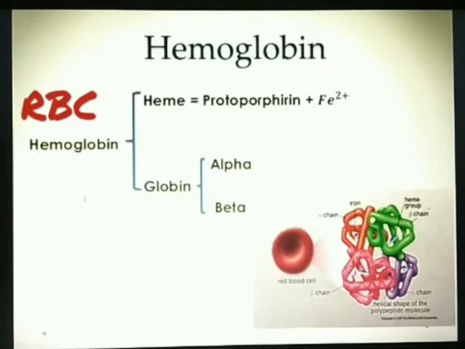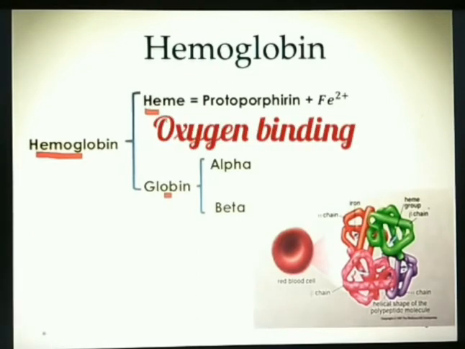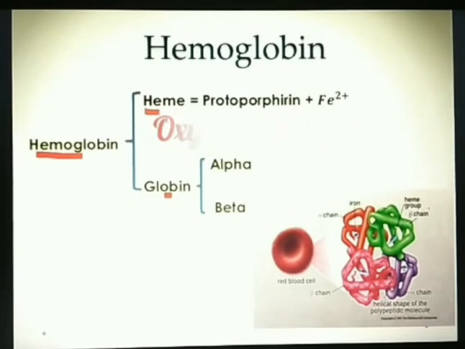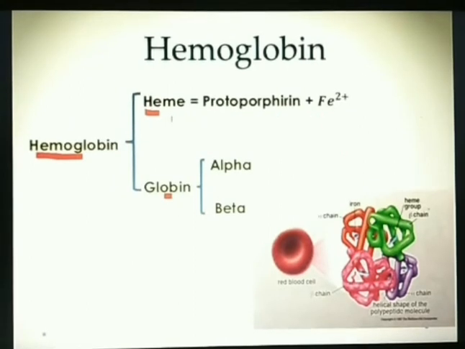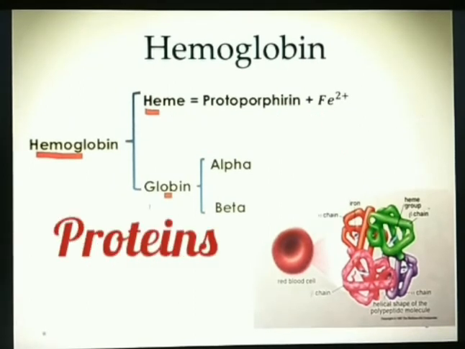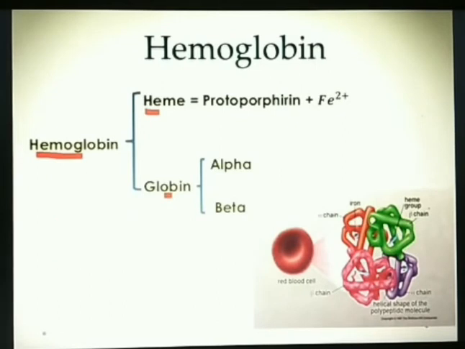Our RBCs are composed of hemoglobin, and hemoglobin is comprised of heme and globin. Heme is a very important prosthetic group that mediates reversible binding of oxygen by hemoglobin. And globins are the proteins that surround and protect the heme molecules.